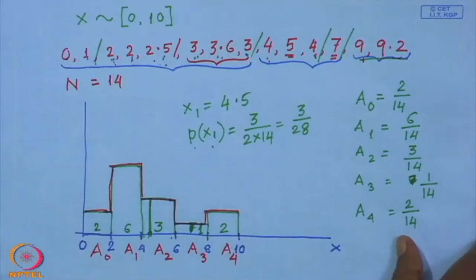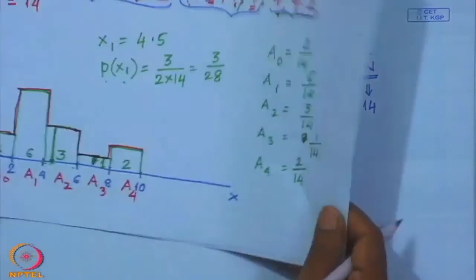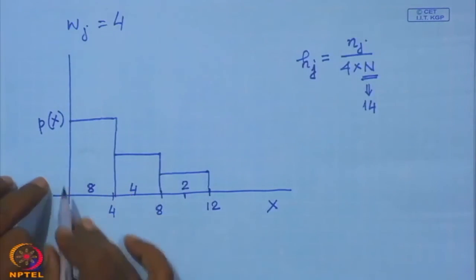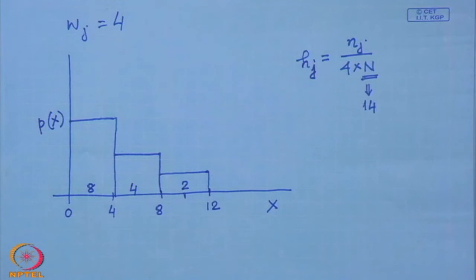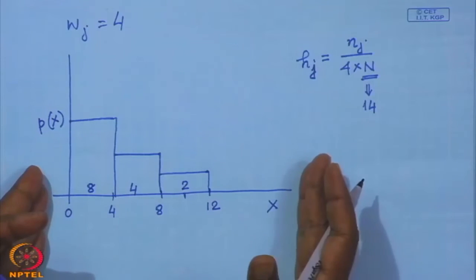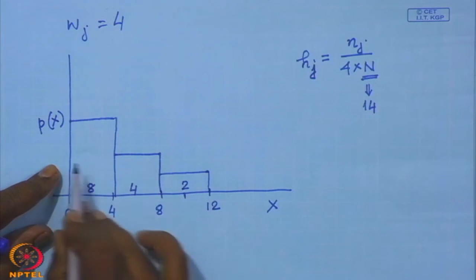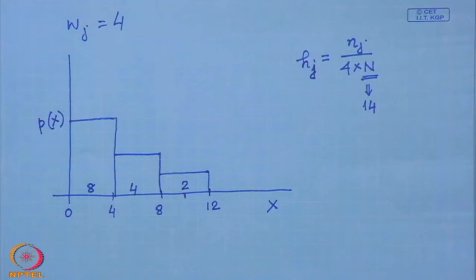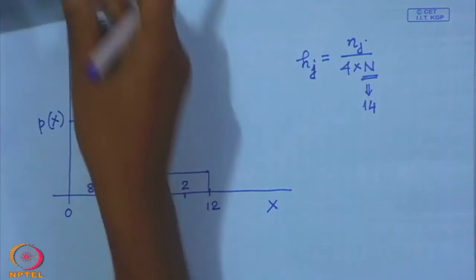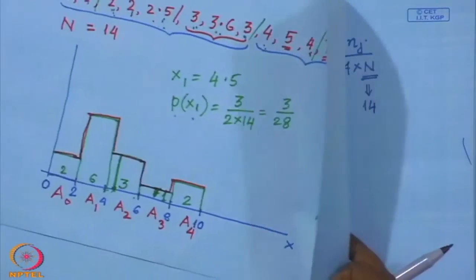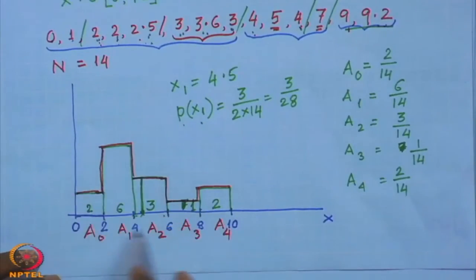Whereas, if I use a larger bin size, then I am going for more and more uniform density estimation. If the bin size is even larger, it will be more and more flat. As a result, certain details in the probability density estimate, as seen over here, will be lost.